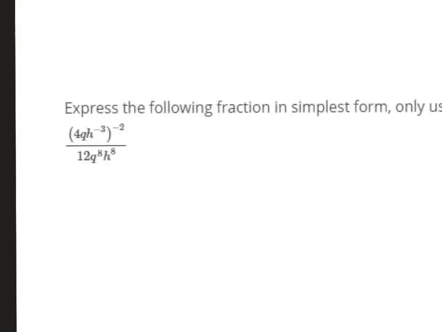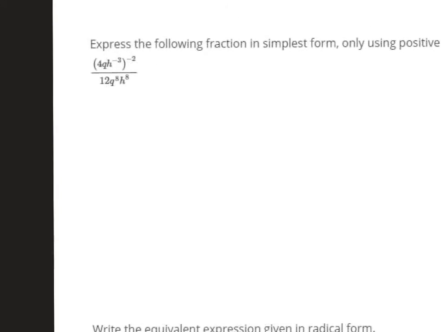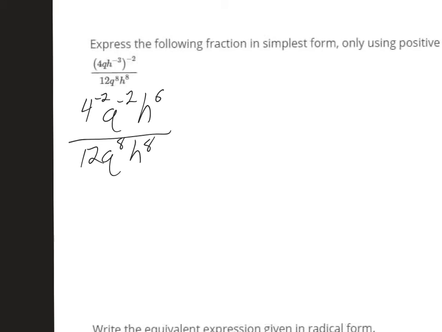For the next one, let's go ahead and multiply out that negative 2. So we have 4 to the negative 2nd, q to the negative 2nd, h to the positive 6th over 12, q to the 8, h to the 8, which means that I'm going to have 4 squared is 16, so I have 16 times 12.